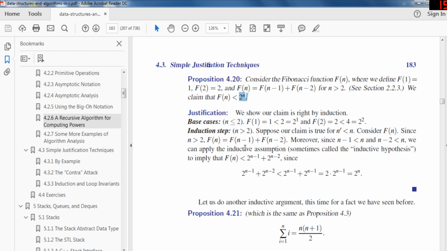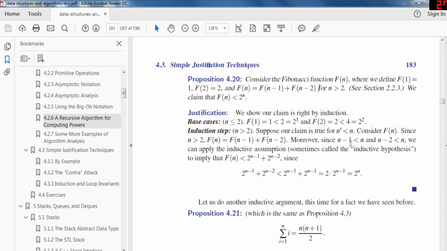Wait, hold up. Okay. So here's what they're doing. They're basically comparing the exponent currently, right? So over here they said, suppose our claim works for all the values less than n, right? So now since n is greater than 2, this is the function that they gave us for n greater than 2.